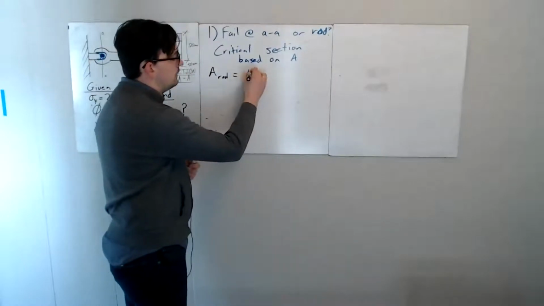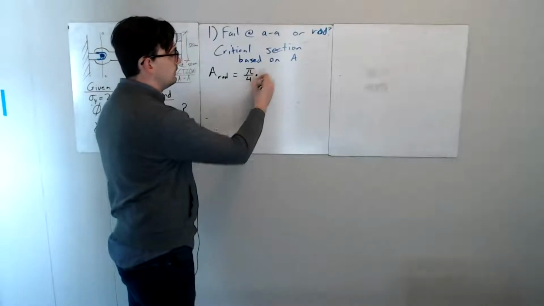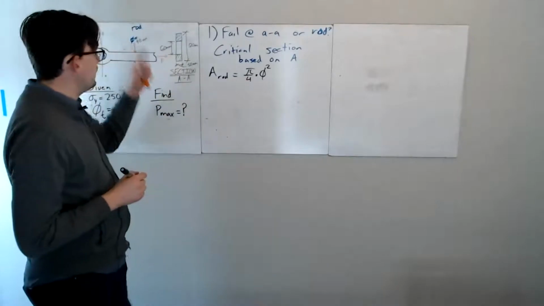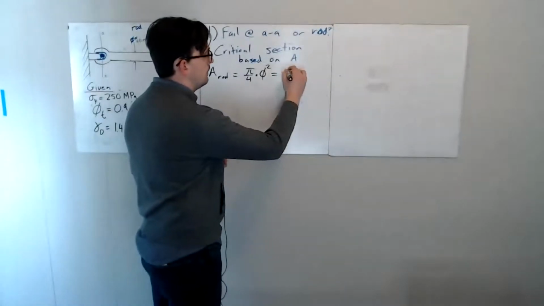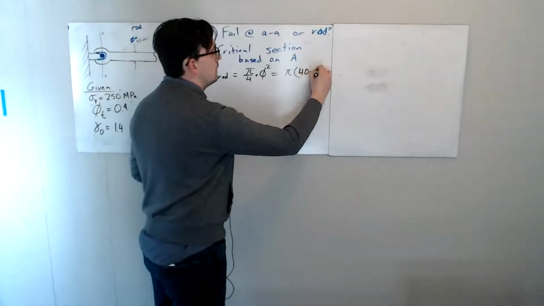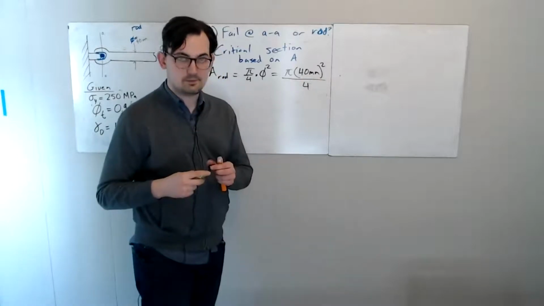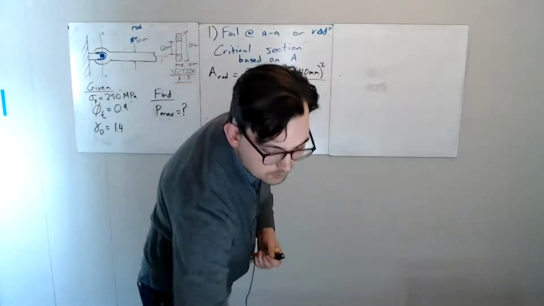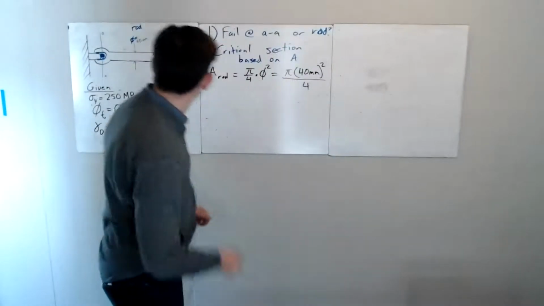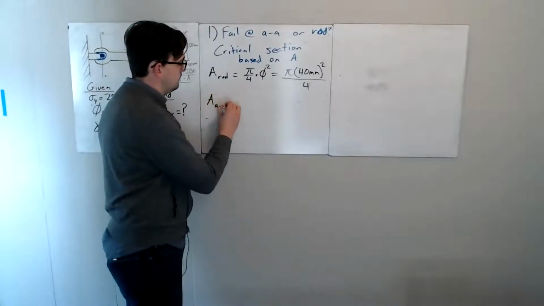It's going to look like pi divided by 4 times our diameter squared. In this particular case, we're talking about pi times our diameter of 40 squared divided by 4. And then let's also get our area for section AA.